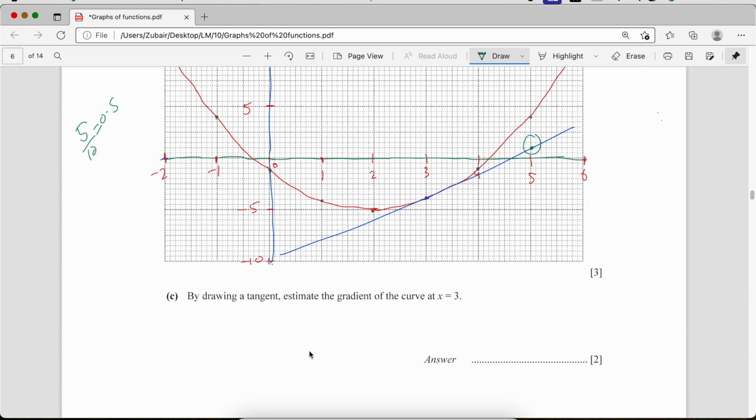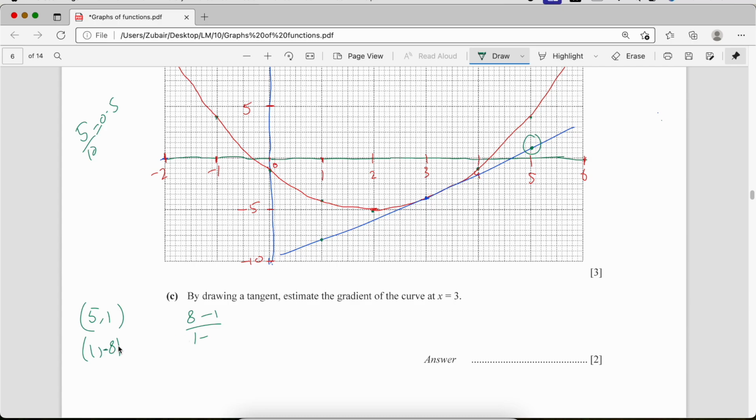X is 5 and y is 1. 5, 1. And on the other side I'm selecting this point, which is x1, and y is 5, that's 6, that's 7, that's 8. So y2 minus y1 over x2 minus x1.